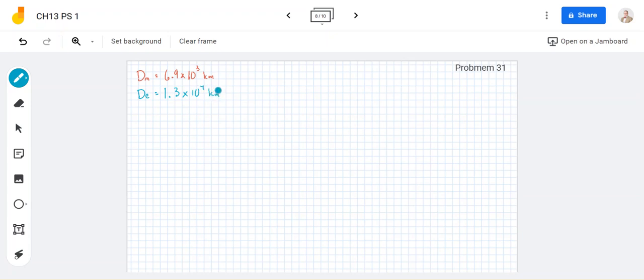All right. The mass of Mars is 0.11 times the Earth's mass. Okay, so that's an interesting statement.